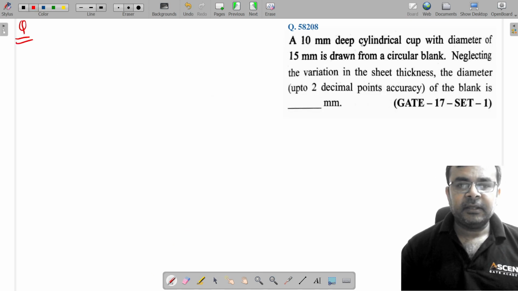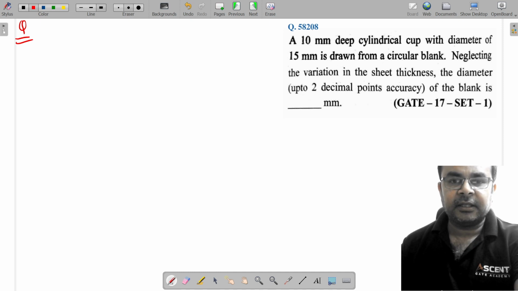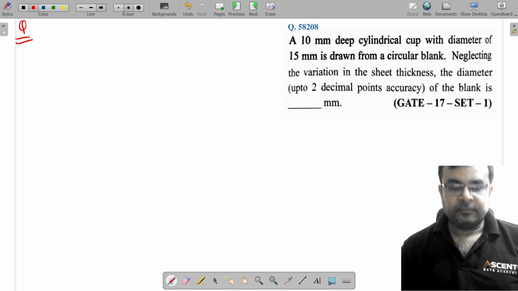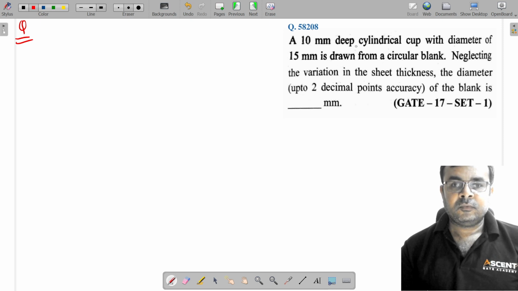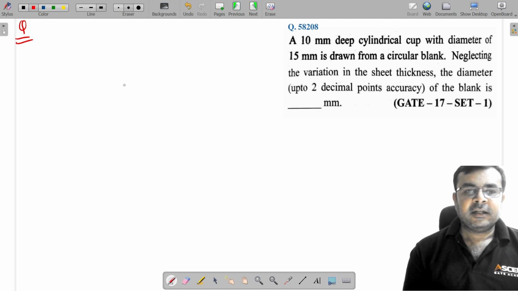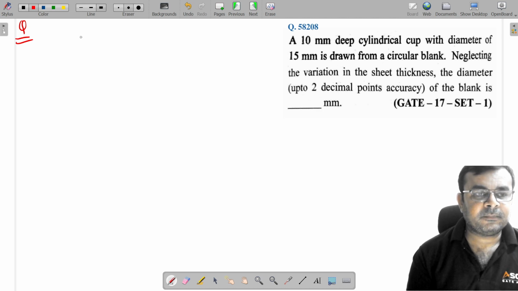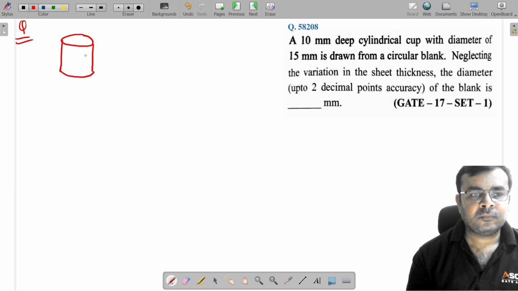A 10 millimeter deep cylindrical cup with a diameter of 15 mm is drawn from a circular blank. So if I draw the cup, this is the cup, correct?